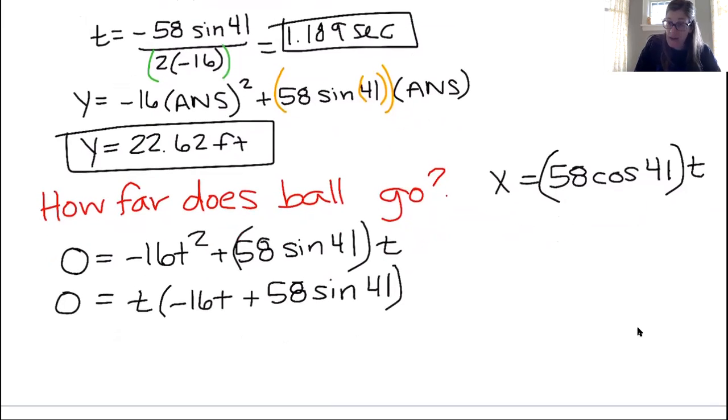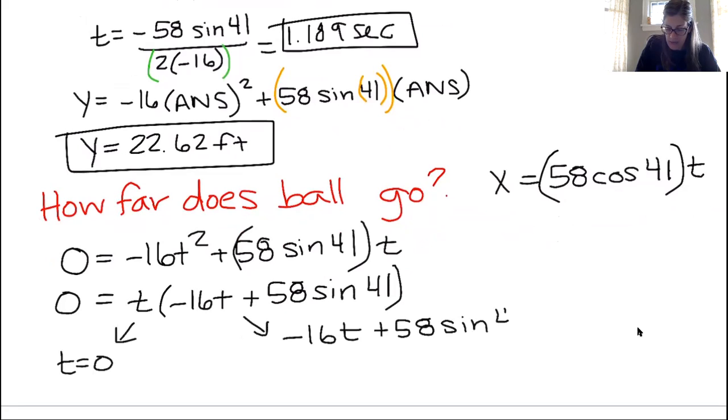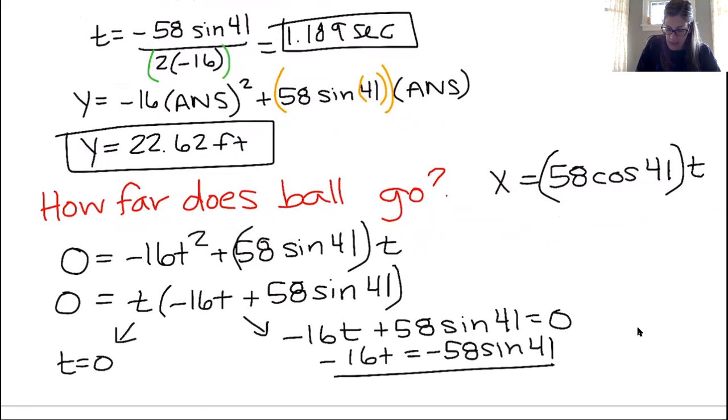And then, make sure one side is equal to 0 first. To solve by factoring, I just set my factors equal to 0. So I get T equals 0, and negative 16T plus 58 sine 41 equals 0. So then I would subtract the 58 sine 41 from both sides and divide by the negative 16.